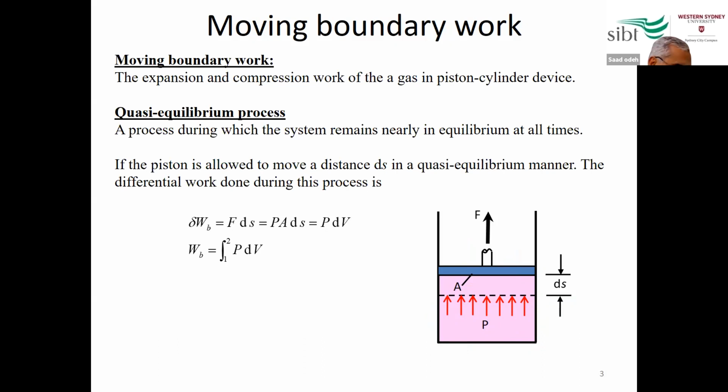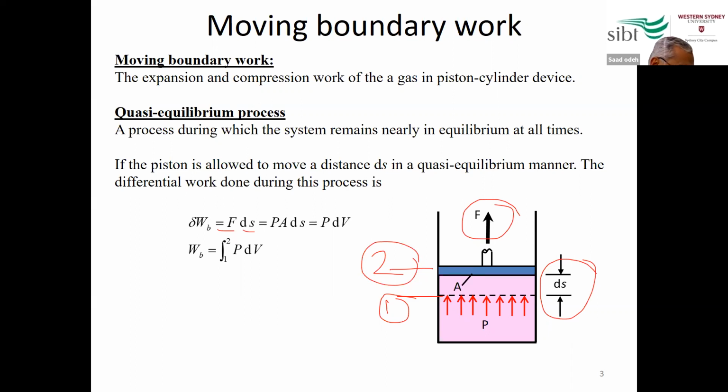The travel distance is ds, which is how much distance the piston moved from the initial position to the second position. So from position 1 to position 2, the distance was ds. So I can say F multiplied by the distance ds.